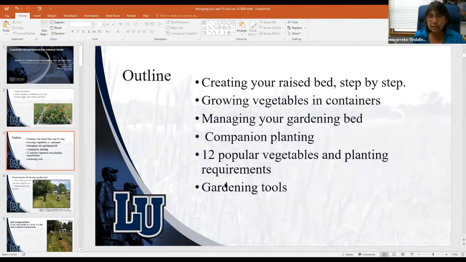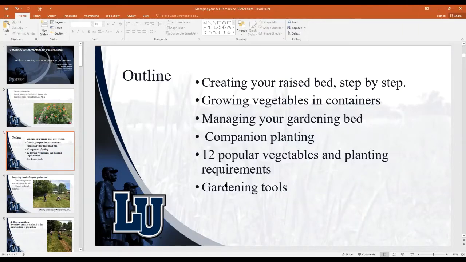So the outline for today's presentation is going to be about creating your raised bed step by step, using some of the recent projects that Dr. Gonzalez has been helping to establish.